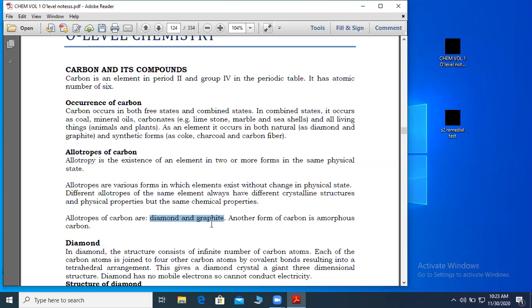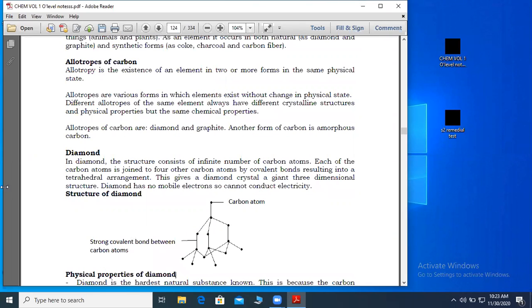Now, having defined allotropes, we now look at the forms of carbon independently, one by one. The first form of carbon we are going to look at is diamond. So we shall talk about its structure.